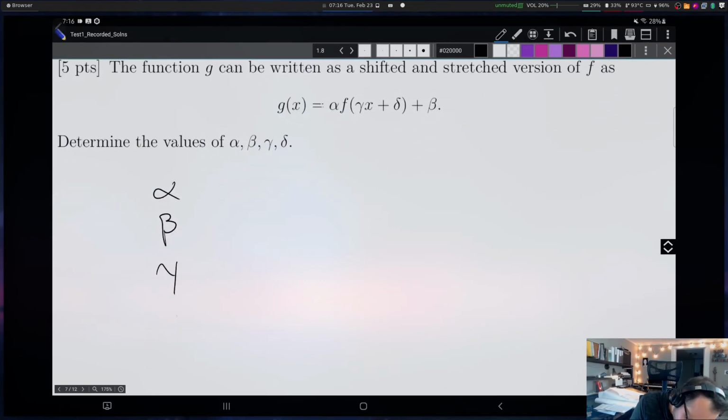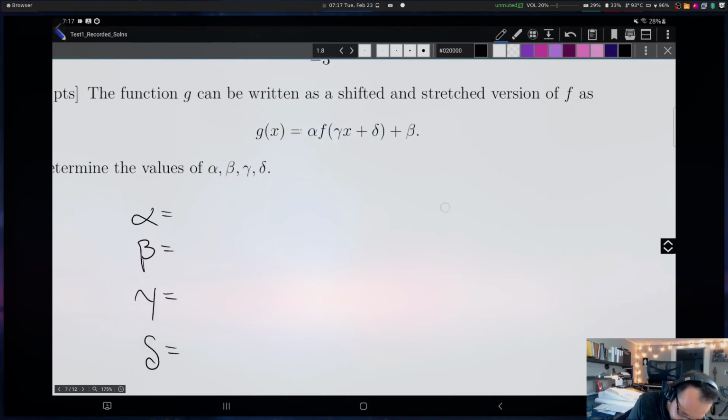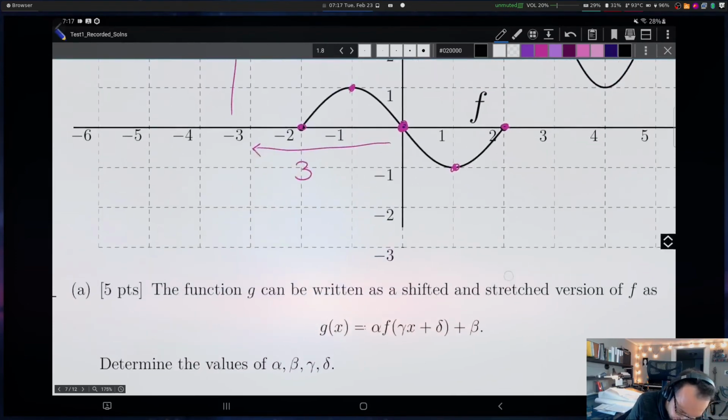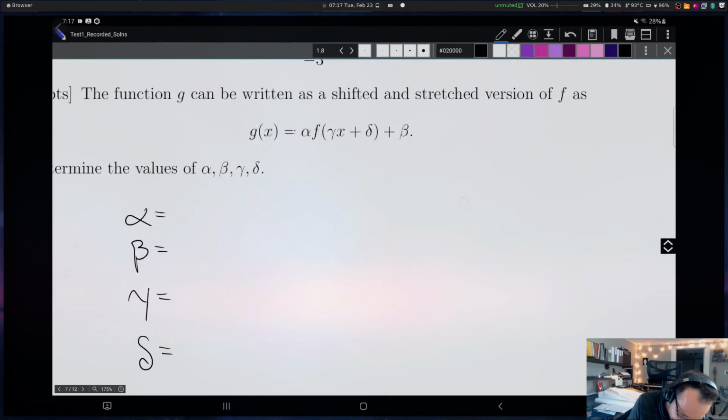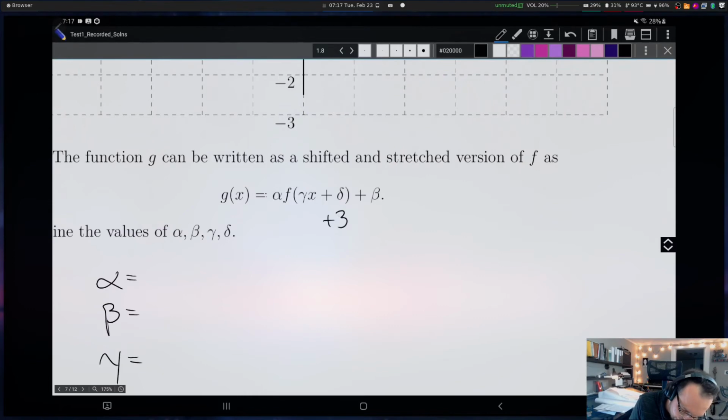So here's alpha, beta, gamma, and delta. I think this one is telling me about horizontal shifting. So plus delta, and I want to shift it to the left. If I plug in 3 for delta, this becomes a plus 3. And plus 3 indeed shifts me to the left, remembering that the horizontal things are a little counterintuitive.